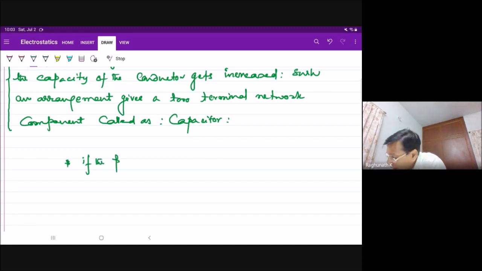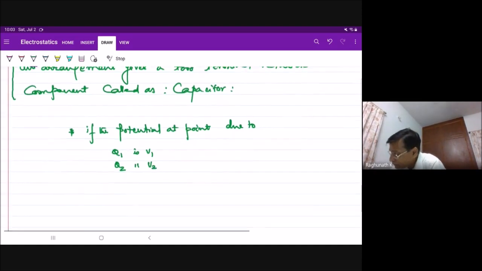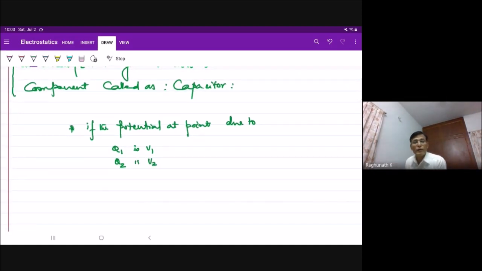If the potential at a point due to Q1 is V1, Q2 is V2, carefully. If Q1 is positive, V1 is positive. If Q1 is negative, V1 is negative. You agree this?